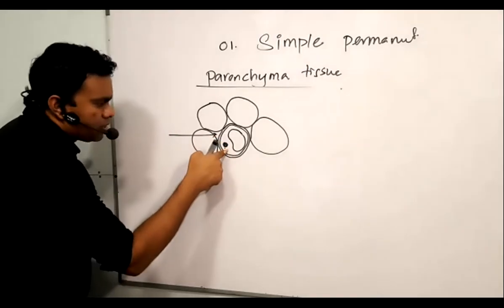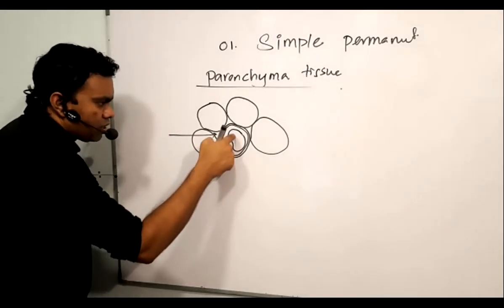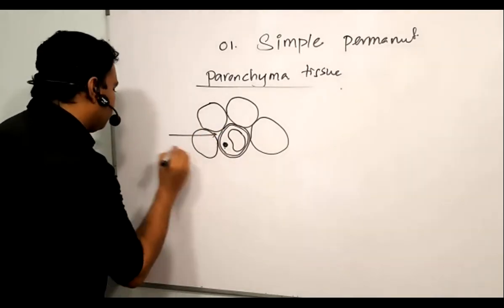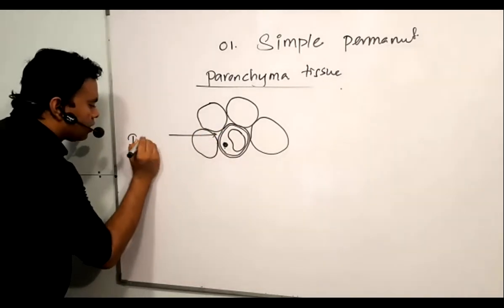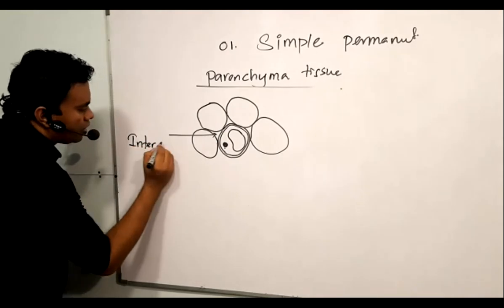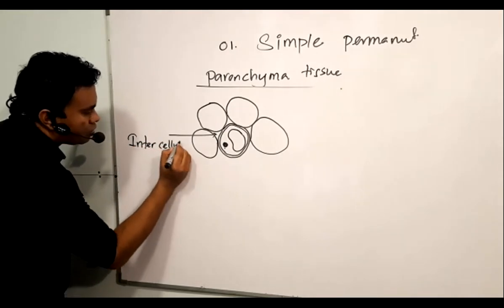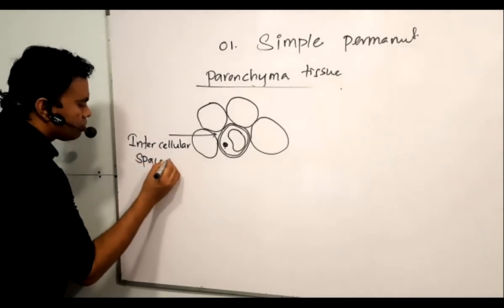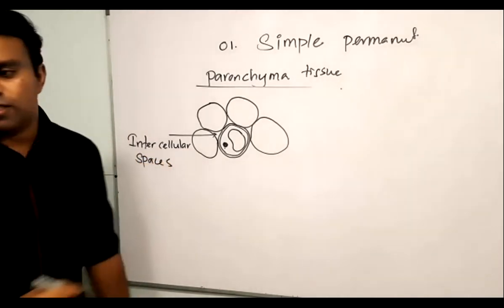So nucleus is prominent, large central vacuole can be seen, and intercellular spaces can be seen. We write them: intercellular spaces.